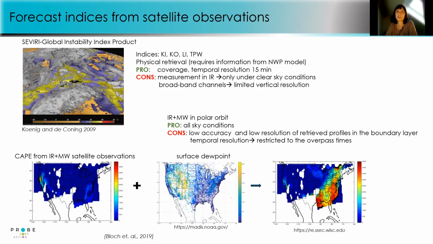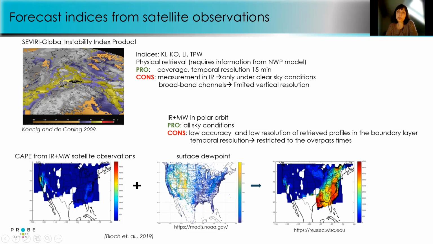However, even these temperature and humidity profiles have low accuracy close to the surface, especially in the boundary layer, which is so important for calculation of CAPE index. So if the lower humidity values in these profiles are replaced by humidity values measured in situ from the ground-based surface network, and CAPE index is calculated from these modified profiles, we see that the resulting CAPE fields reveal much higher CAPE values over the east part of the US.